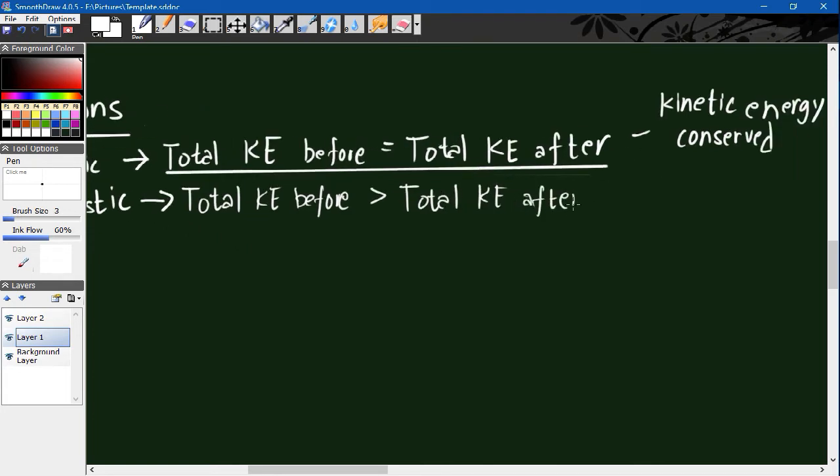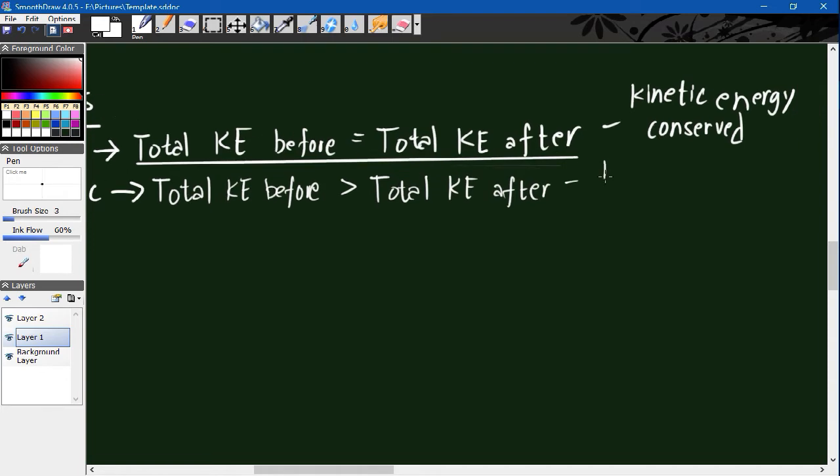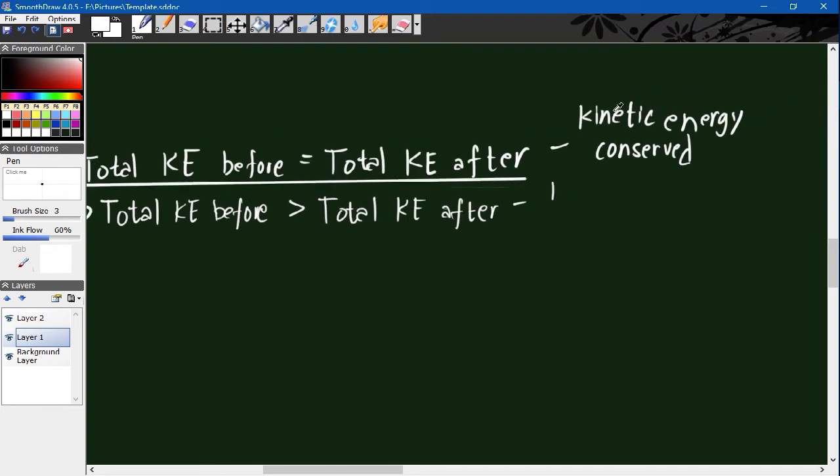Which, in other words, means that kinetic energy is lost. Okay, there. Kinetic energy is lost.